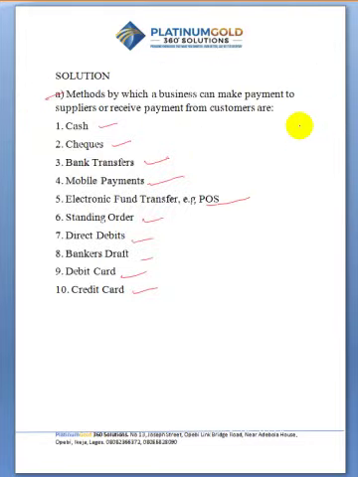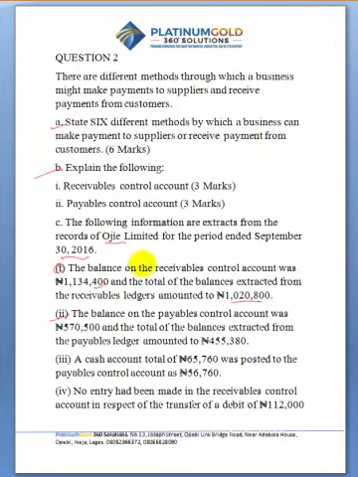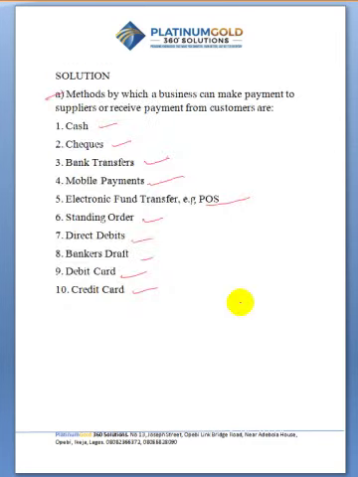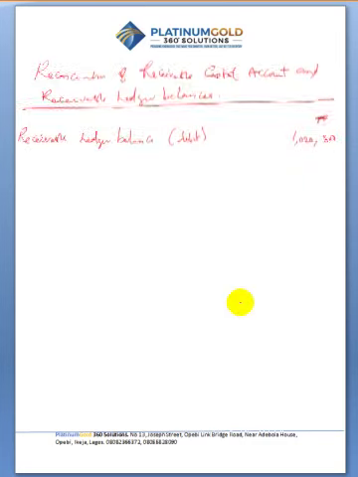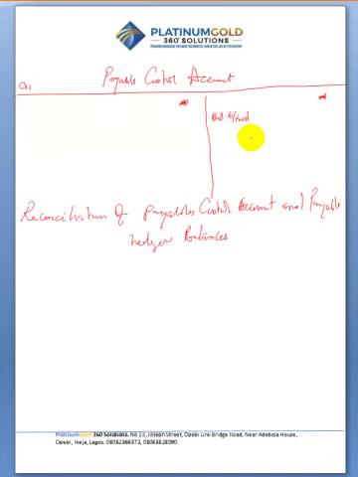Let's look at additional information 2. The balance on the payable control account was this, and the total of the balances extracted from the payables ledger account is this. It's not balancing, so we need to also post that. Our payable balance brought forward for the payable control account is 570,500.